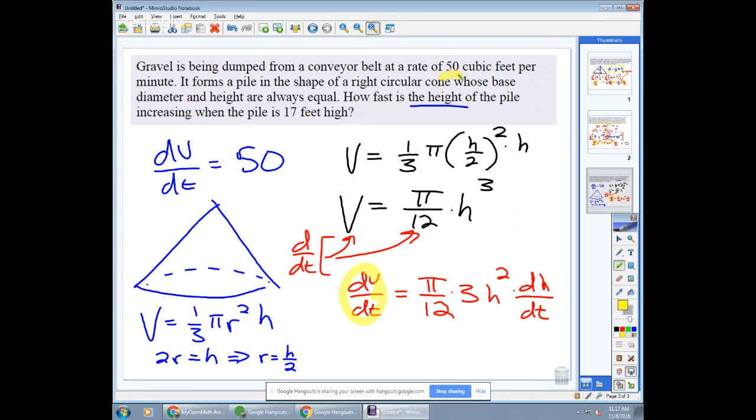I'm asked to look at this when the height is 17, and now I can solve for dh/dt. So just plug in those numbers, do a division, and we get an answer.